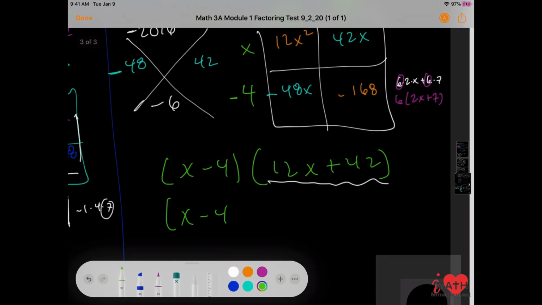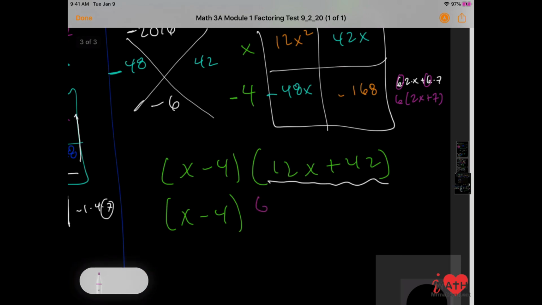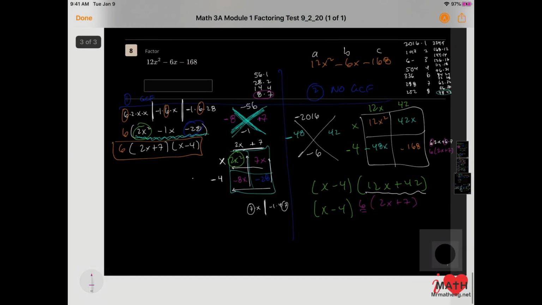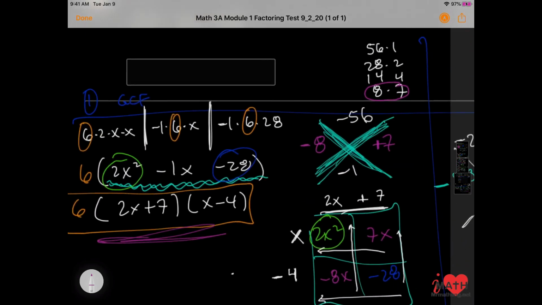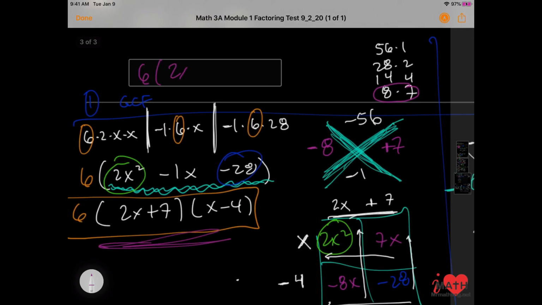So let's write that here. And then I have the pink answer. And I usually write the GCFs out in front, right? Does that match my pink one? Yes, it does. So let's write our final answer. 6 times 2x plus 7 and x minus 4.